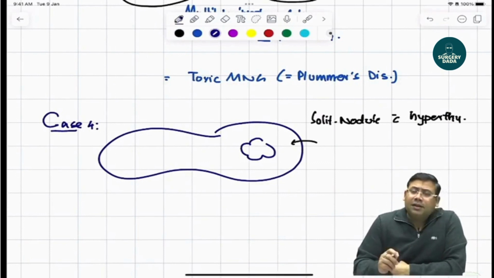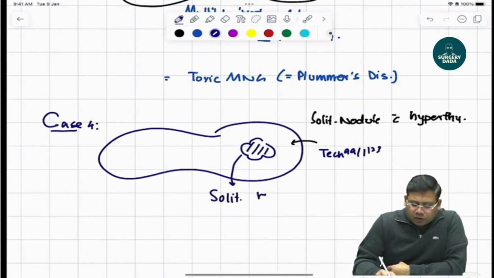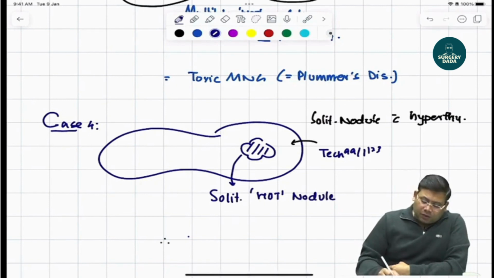In that case scenario, it is very important for us to justify this, and therefore the moment you give technetium or iodine and you got to see this, what are you getting? A solitary what nodule, students? A solitary hot nodule on a what background? On a cold background, and this is the diagnosis of toxic adenoma.